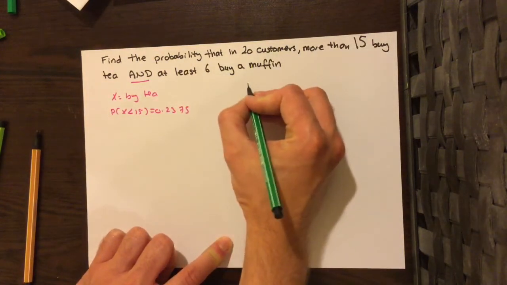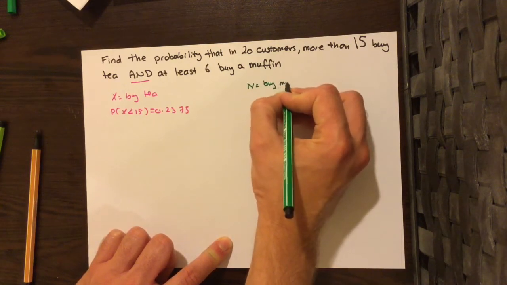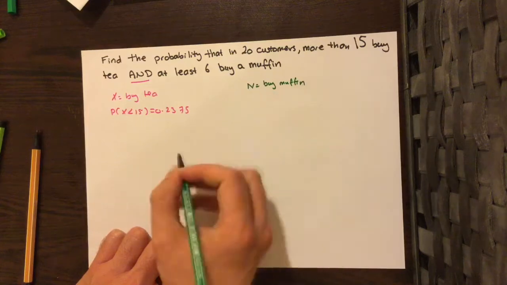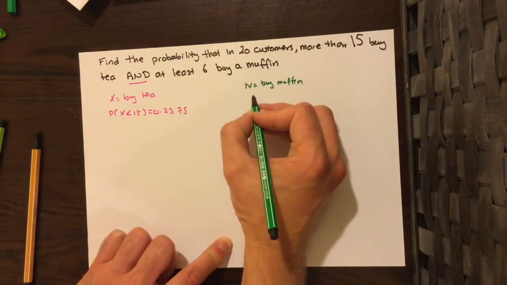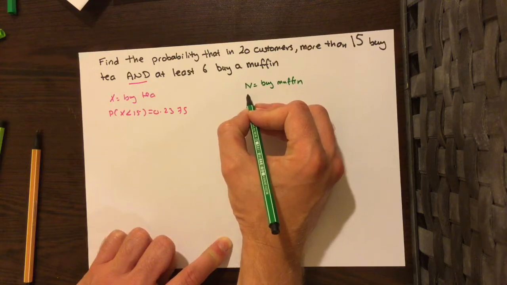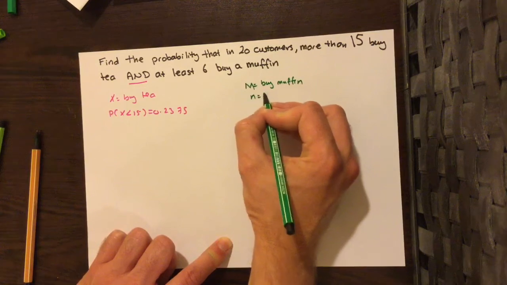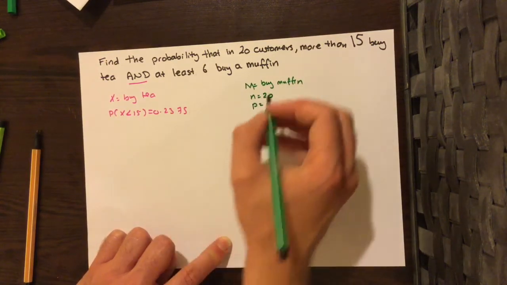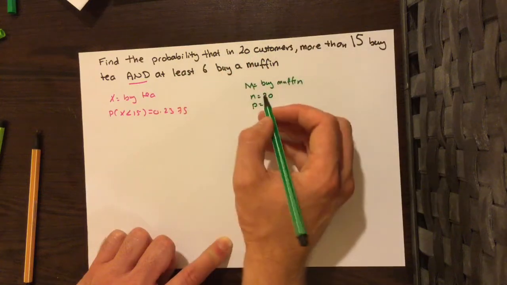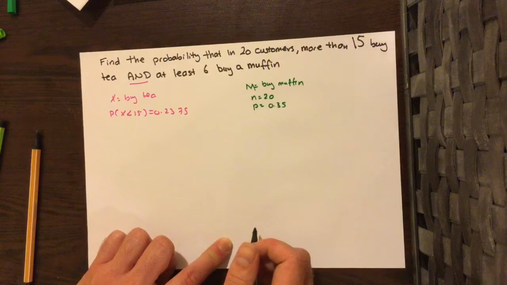So N is the event that someone buys a muffin, and there's going to be, N is a bad choice, M. M is going to be 20 customers, and the chance of them buying a muffin is, from the previous question, 0.35.